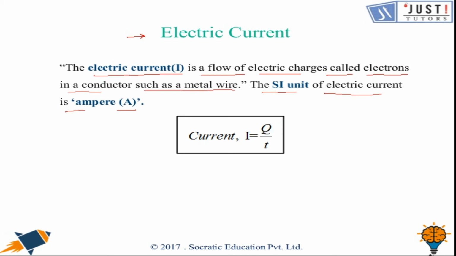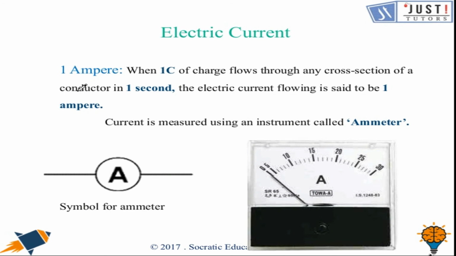We can use this in various numericals. Now again comes ampere, 1 ampere, which is the SI unit of electric current. When 1 coulomb of charge flows through any cross section of a conductor in 1 second, the electric current flowing is said to be 1 ampere.